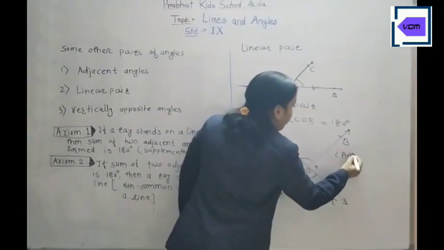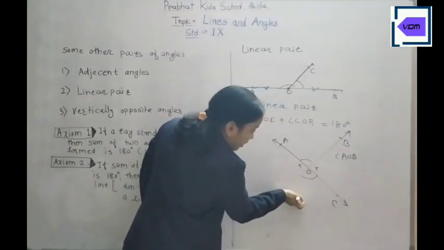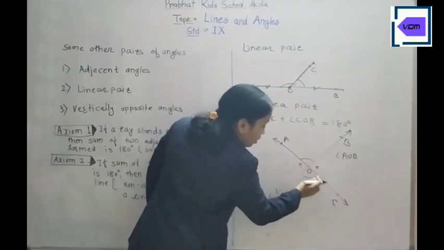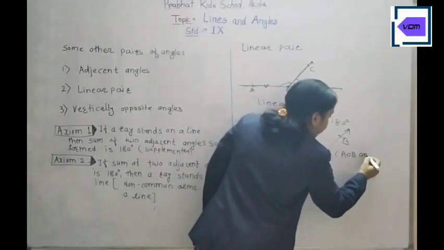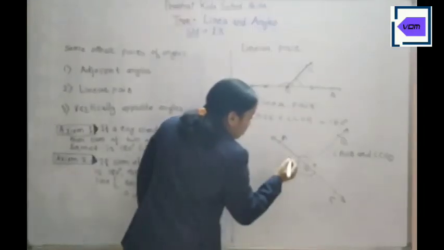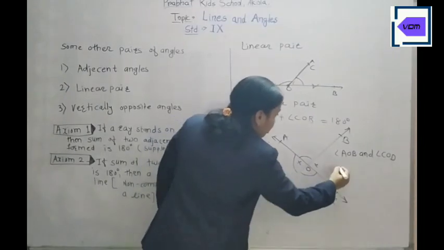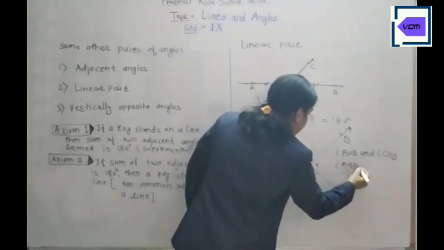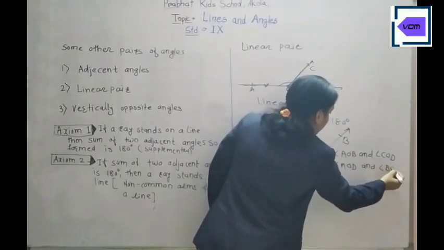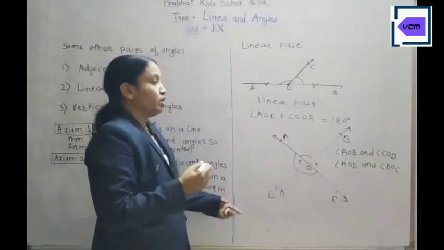Angle AOB and angle COD are vertically opposite angles, and angle AOD and angle BOC are vertically opposite angles.